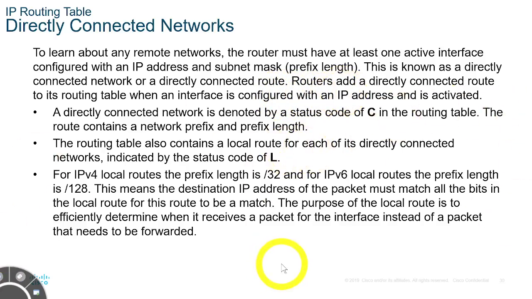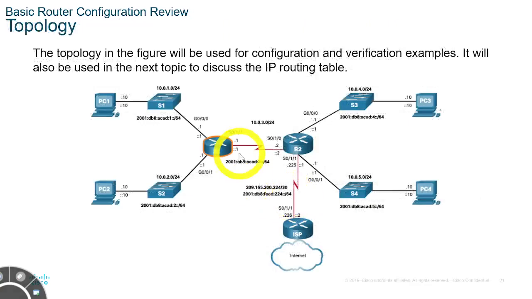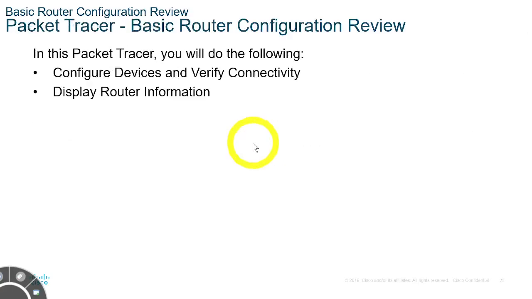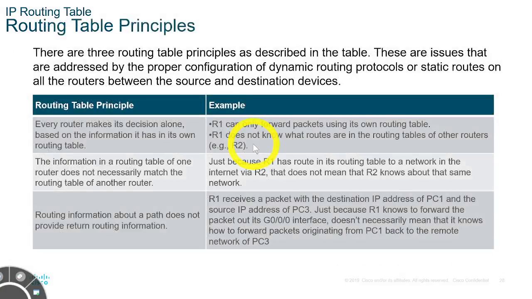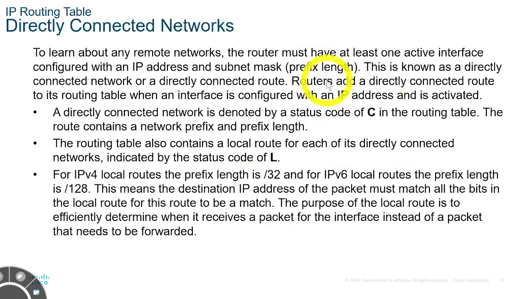So in this example, we have three active interfaces, so we should have three directly connected networks here, okay?